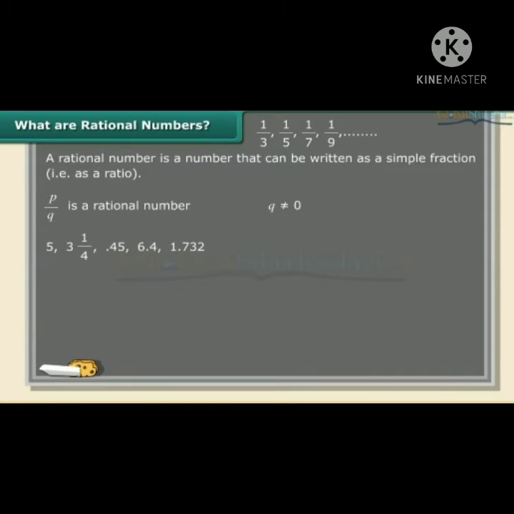Now, can you tell me whether these numbers are rational numbers or not? Obviously, your answer will be yes, and you all are correct. These numbers are all rational numbers because they can be expressed in the form of P upon Q.